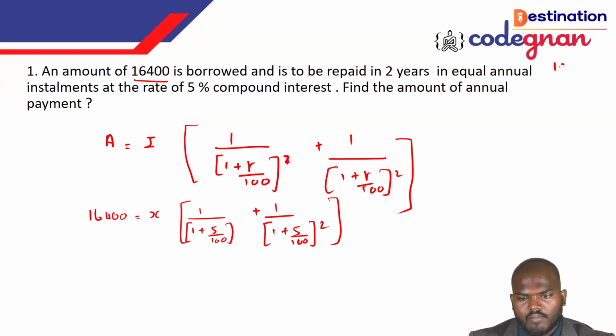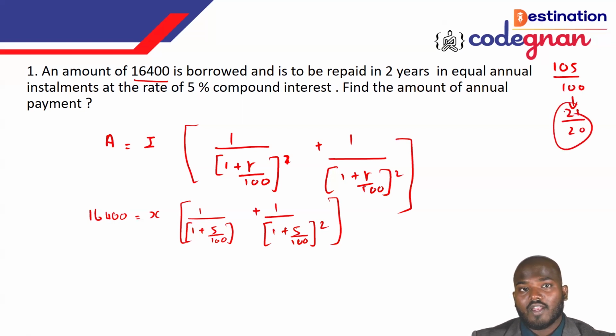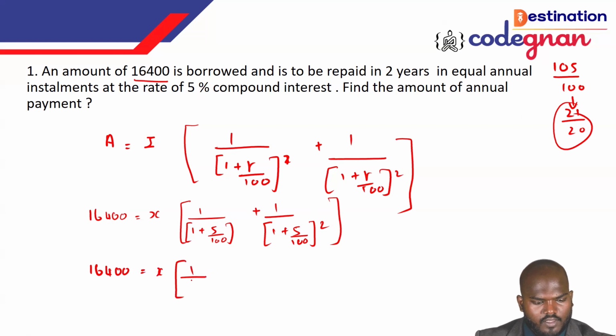So 105 by 100 we can write as 21 by 20 if you divide by 5. Okay, so then you can write it like that: 16400 is equal to x times of 1 by 21 by 20, plus 1 by 21 square by 20 whole square.